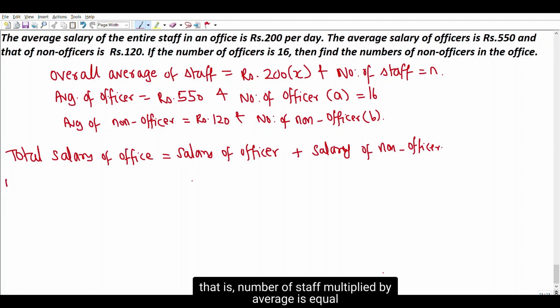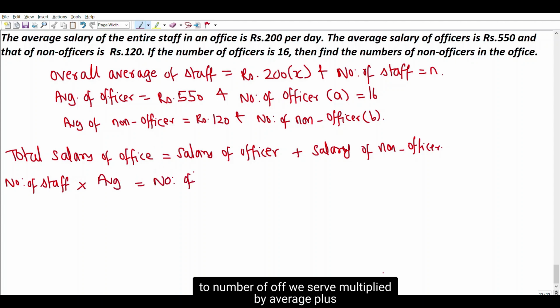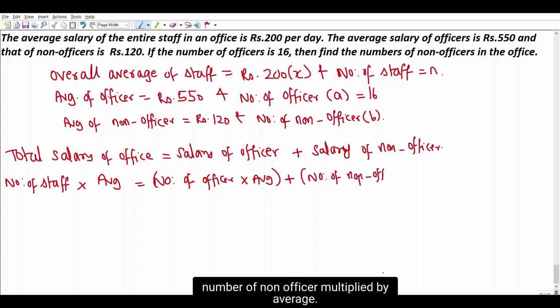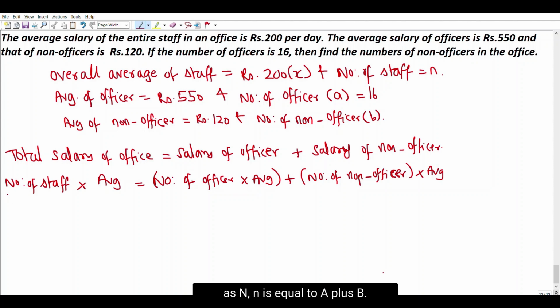That is number of staff multiplied by average is equal to number of officer multiplied by average plus number of non-officer multiplied by average. We know that number of staff, we assume it as N.